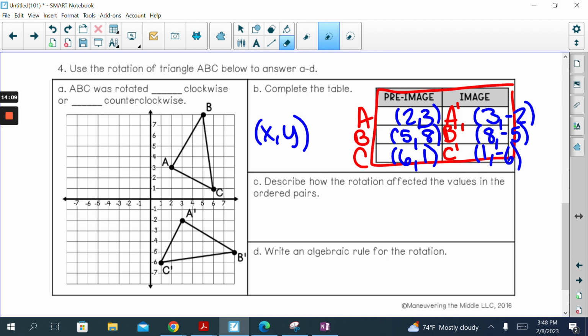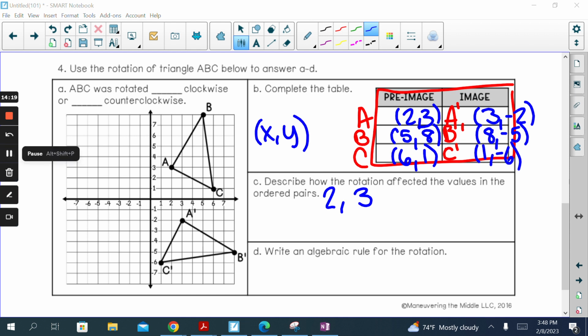Because our numbers didn't change. So if I look at A, I have 2 and then 3. That is our pre-image. And from our pre-image to our image, I have 3, negative 2.